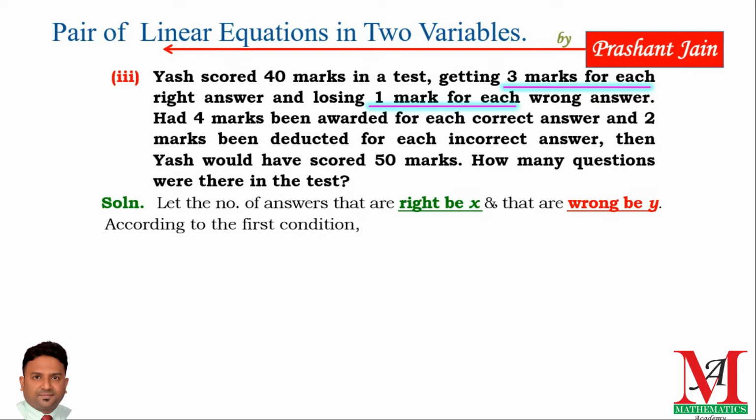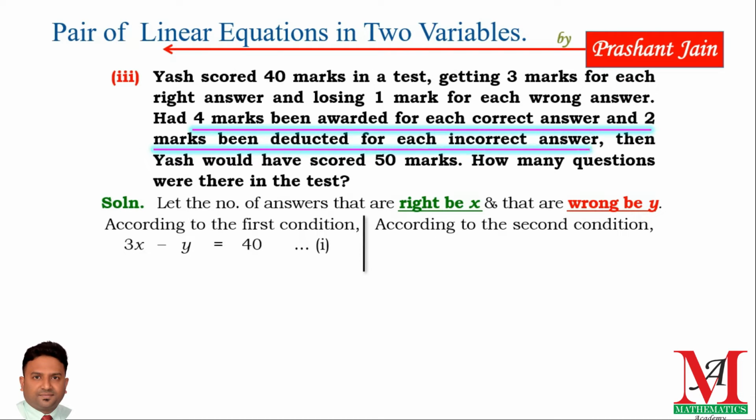If we get 3 marks for each right answer and the number of right answers is x, the total marks become 3x, and as 1 mark is deducted, therefore it will be minus y, and the total marks is 40. That is the first condition. Now let us see the second condition.